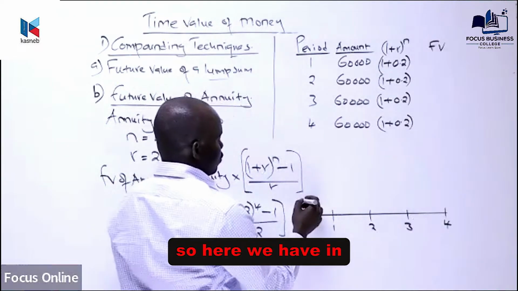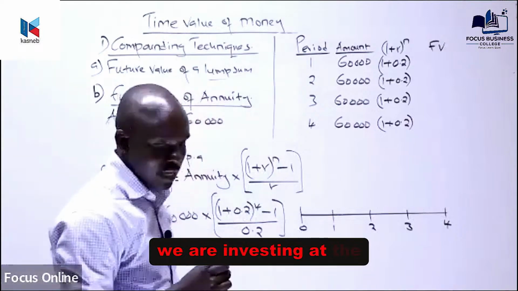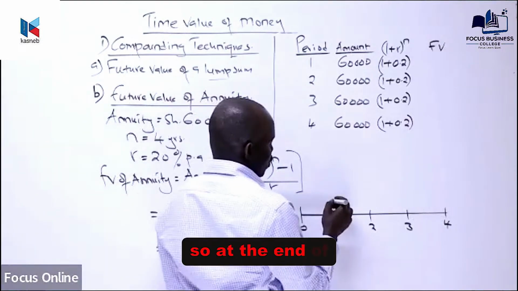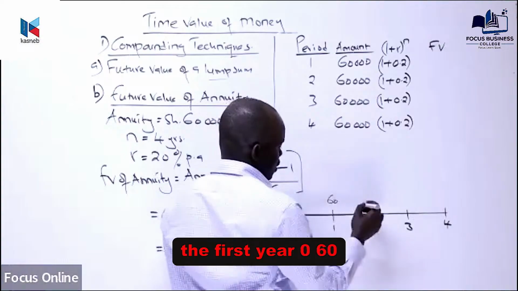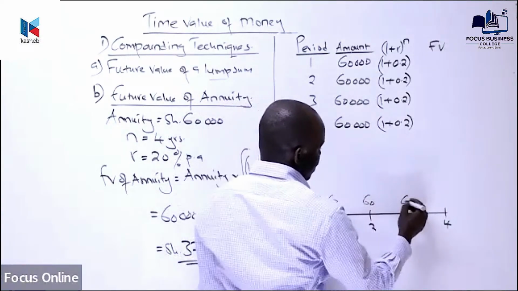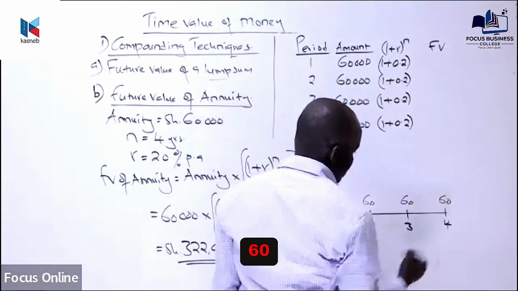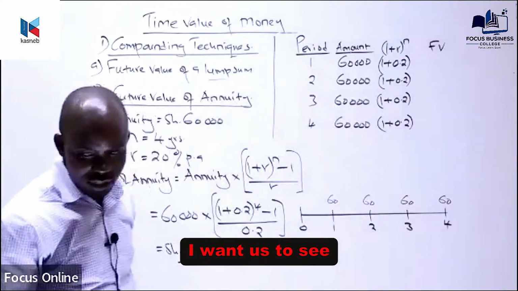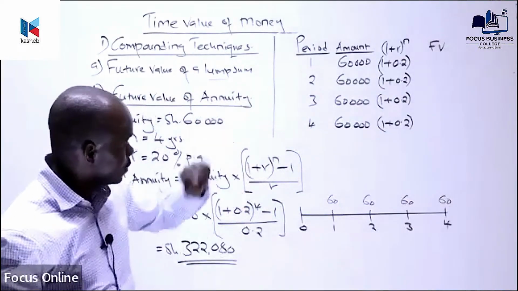So here we are investing at the end. At the end of the first year, 0, 60, 60, 60, 60. I want us to put n.